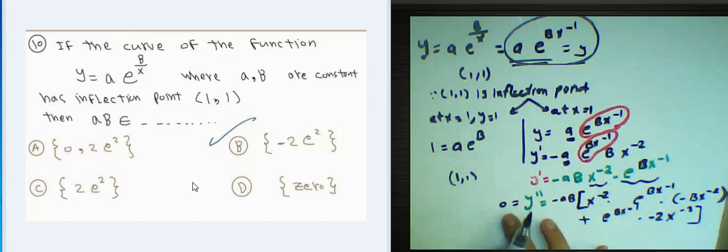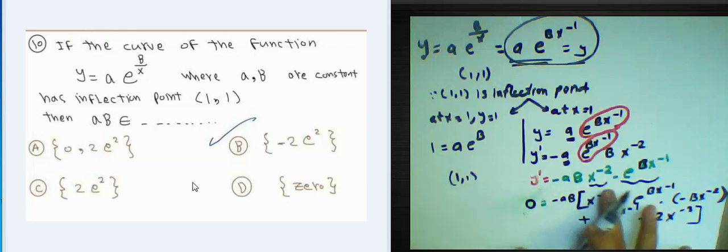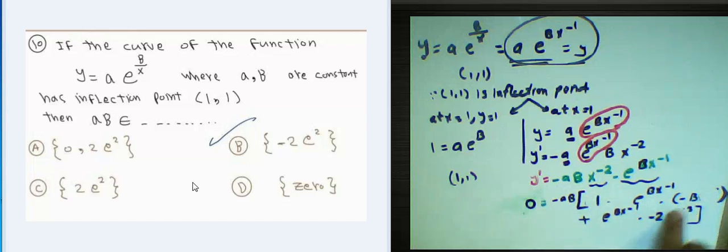Then in this example I will put y double dash equal 0 here, and x equal 1. It will be in the simplest form here. Divided by constant, it will be 0 divided by this constant, and it will be e power p multiplication negative p, it will be negative b multiplication e power p, and here negative 2 e power p.